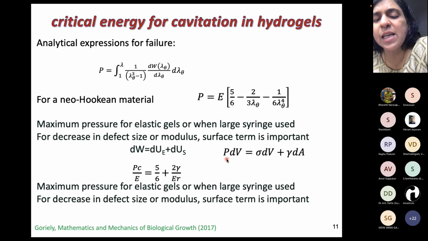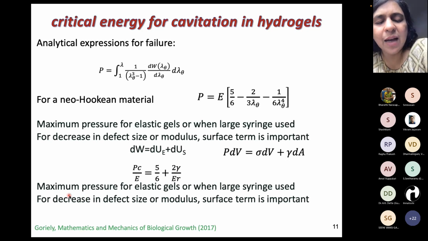So we can use this expansion of PdV, which is sigma dV plus gamma dA, which has been expanded in this relationship, and then we can write the critical pressure divided by E, which is the elastic modulus, which has a linear relationship, as shown in this graph.